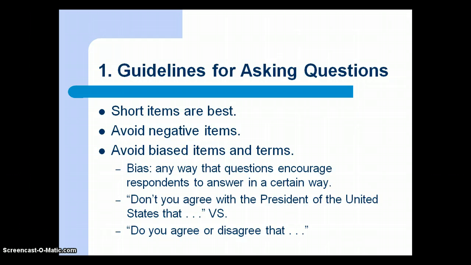You don't want to let your bias be known and perhaps influence your respondent. A better way to state that same part of a question would be, do you agree or disagree? Perhaps strongly agree, strongly disagree. Those could be part of the closed-ended answer choices, the responses that you give the survey taker.